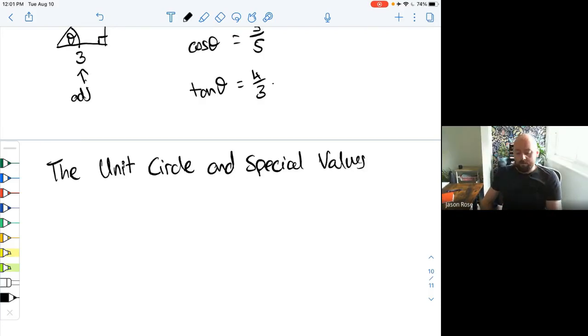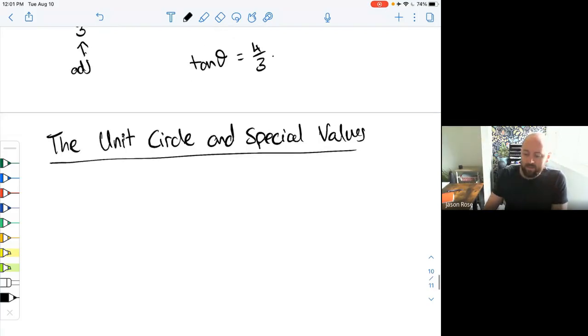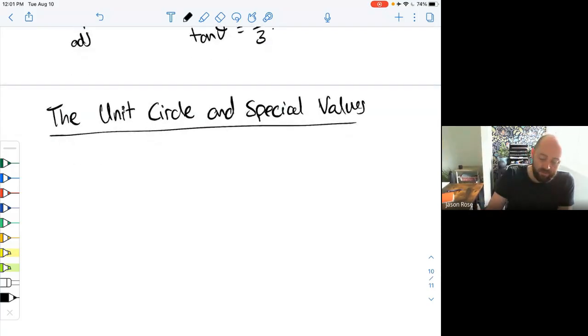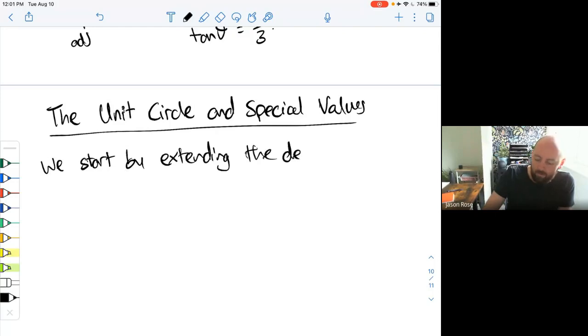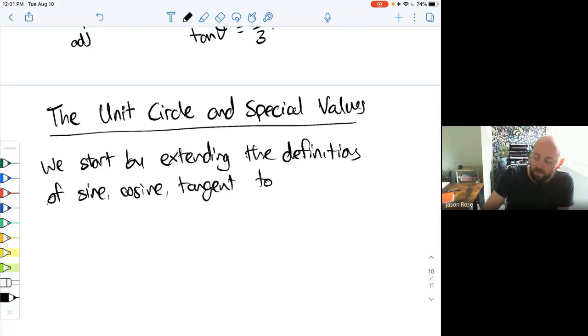What we're going to do is start by extending the definitions of sine, cosine, and tangent to angles on all the unit circle.